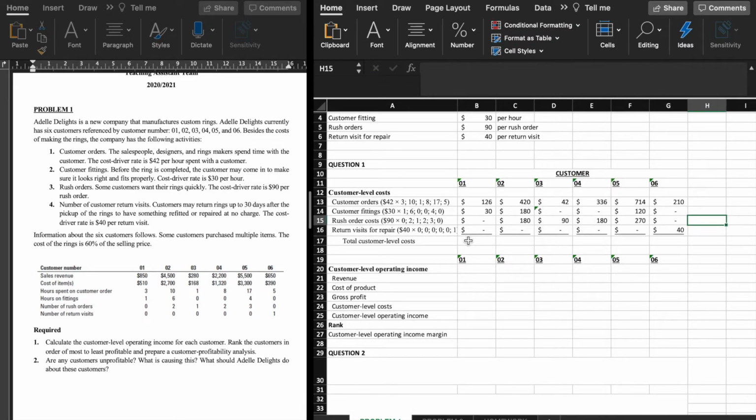And then we need to total all the customer level costs. After this, to calculate the customer level operating income, we need to input the revenue. It is given in the problem.